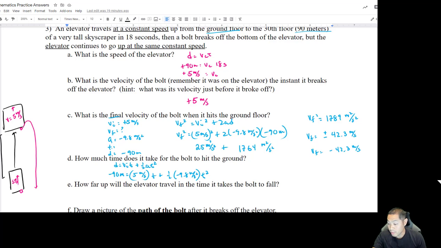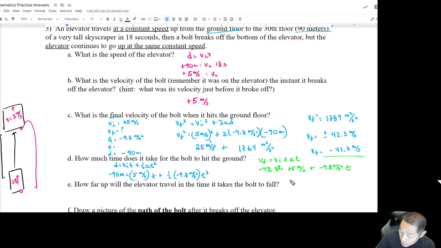The answer is no. We know the final velocity. Let's take advantage of it. The easiest equation for time is this one. So why not use it when you know it? Negative 42.3 equals positive 5, I left out the units there, but it's meters per second, plus negative 9.8 meters per second squared times t.